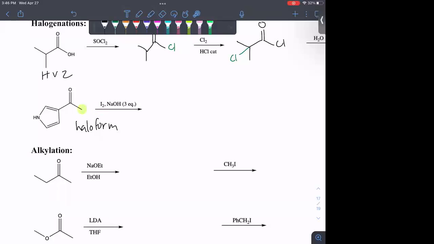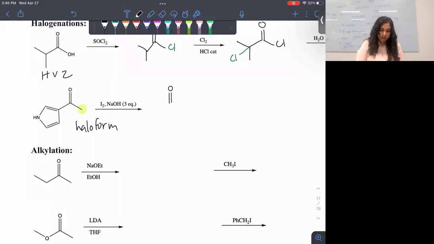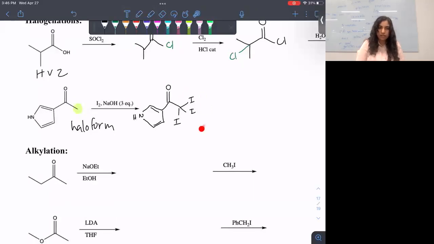So in this case, we have I2. I'm going to replace all the hydrogens with iodines. So this carbon now is attached to three iodines. Because there are three halogens attached to the carbon, it's now a really good leaving group. So then we go in with the base again, and we attack the carbonyl carbon.